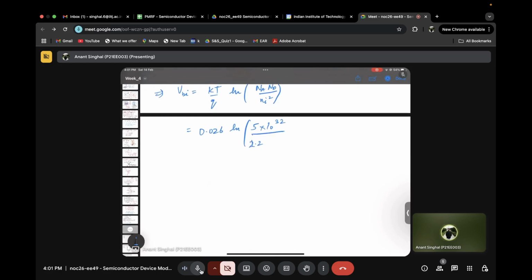This is 2.25 times 10 to the power 20. So this is approximately 10 to the power 12, something 1.1. So if I try to calculate this in the calculator, I'm getting 0.739 electron volt. Is it the case with everyone?